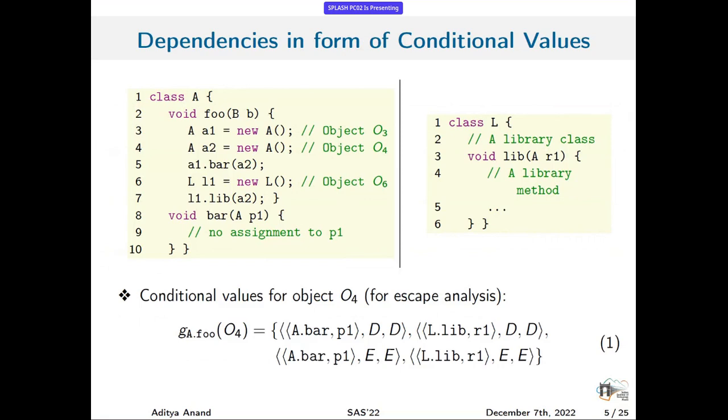The first dependency says that object O4 depends on the first parameter of method bar, and if that parameter evaluates to D, which denotes do not escape, then the first dependency for O4 resolves to D. Similarly, we have a dependency for the library method, which depends on its first parameter R1, and the other cases are escaping cases. So we have these conditional values, which we can resolve to get the precise analysis result.